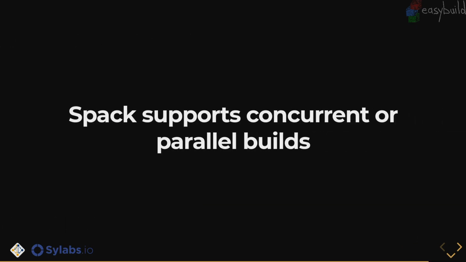Okay, another one that is kind of easy to explain, not so easy to implement. So yeah, I should thank Tamara from Livermore for doing all the implementation. This was really hard. Spack supports concurrent or parallel builds of software. So right now, what Spack could do, and this will be in also by the end of the week.